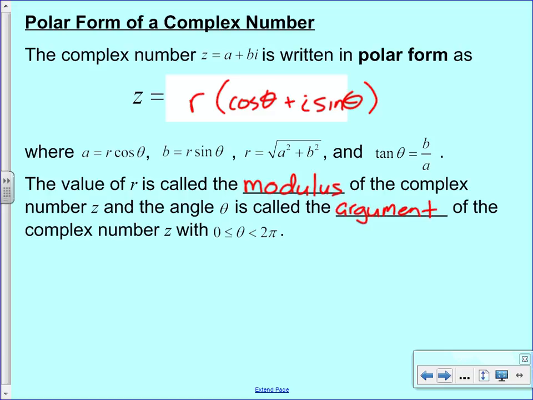So the angle between that is the argument. So be able to find the modulus r and the argument theta of all these things. So it's new words, but same idea.